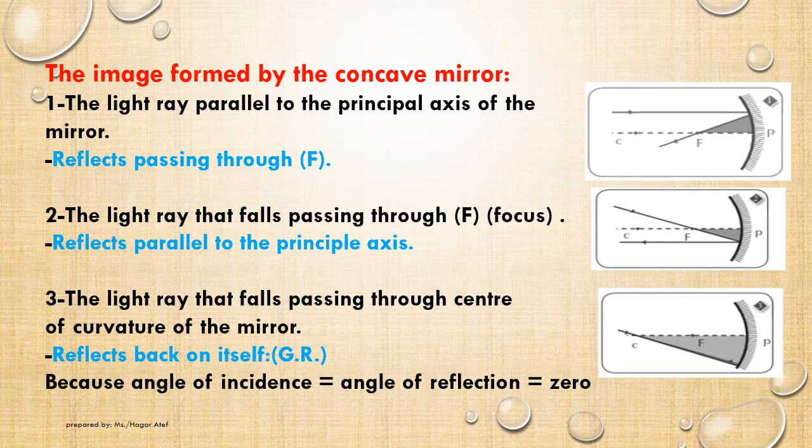Number 3, the light ray that falls passing through the center of curvature of the mirror reflects back on itself. Why? Because the angle of incidence equals the angle of reflection, which equals 0.